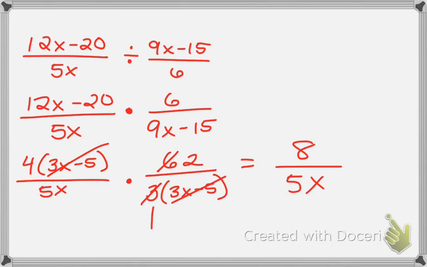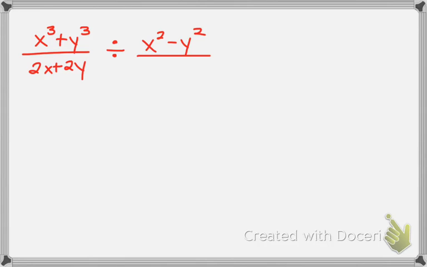Okay. All right, let's do one more challenge problem. I'm going to give you some cubes in here. See if you can do it. So x to the third plus y to the third all over 2x plus 2y. This will be the last one. I'll give you your homework. Divided by x squared minus y squared all over 2x minus 2y.